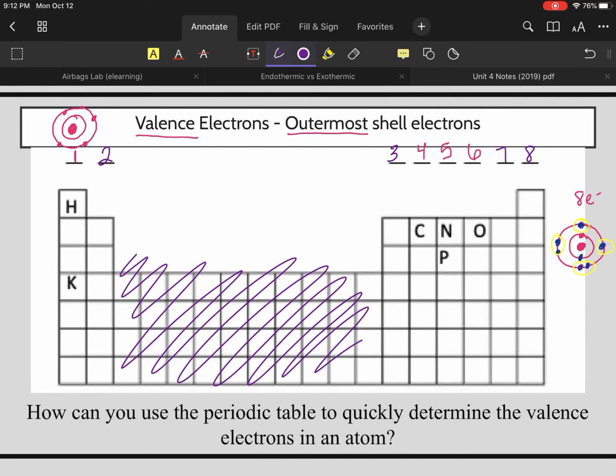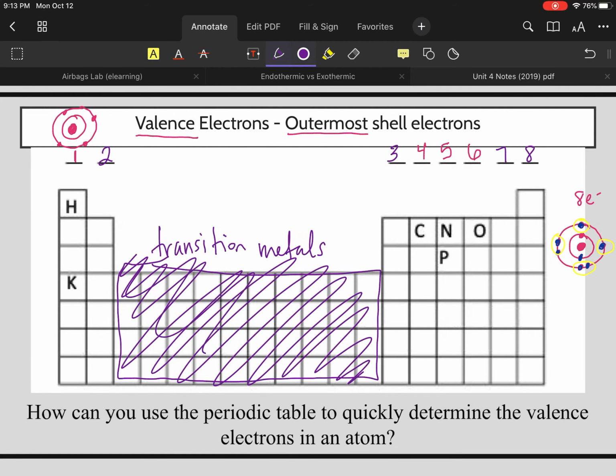We're ignoring this section for right now. These are called transition elements or transition metals. We're going to talk about them a little bit later this week, but they can have multiple options, so we're just going to ignore them for now.